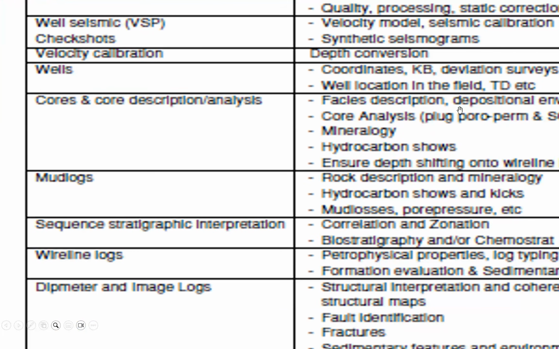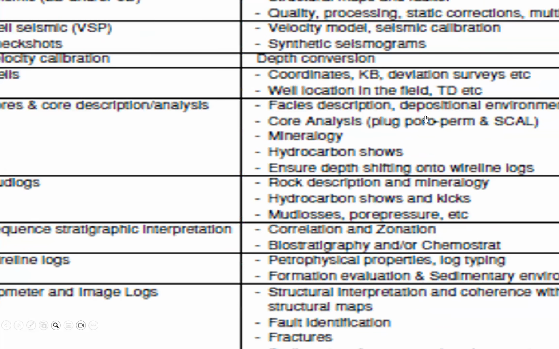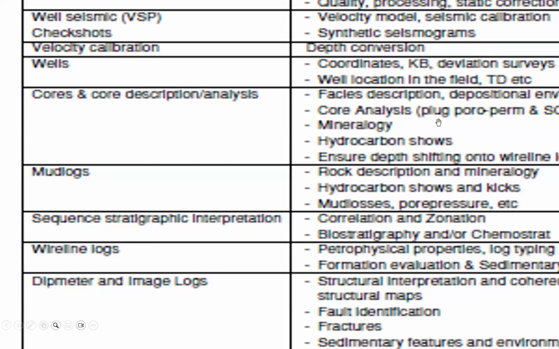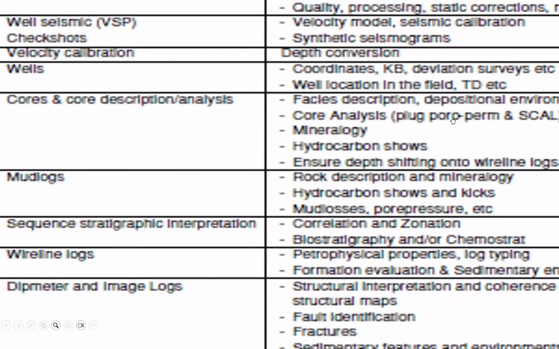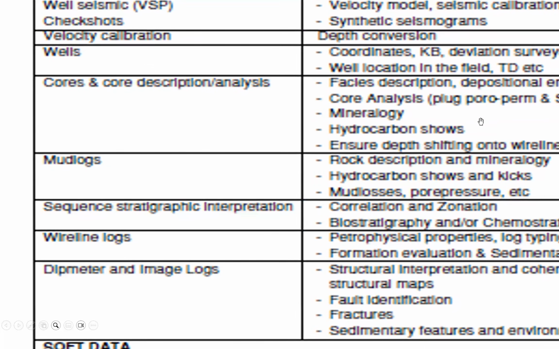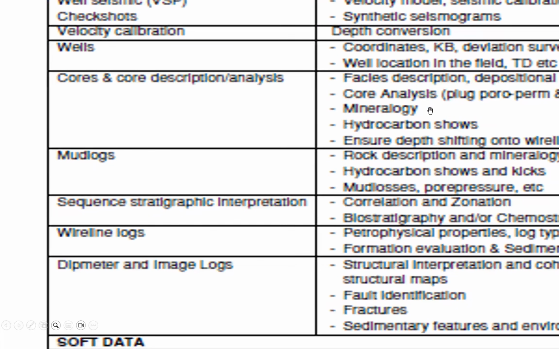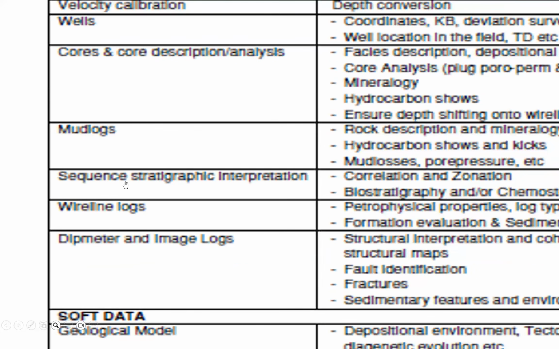You use them for facies, depositional environment analysis, and core analysis. You see pore and perm charts, and you can also define the rock types here, which is another important issue. You can see the mineralogy and some hydrocarbon shows, for example mud logging, for rock description and mineralogy, and so on.